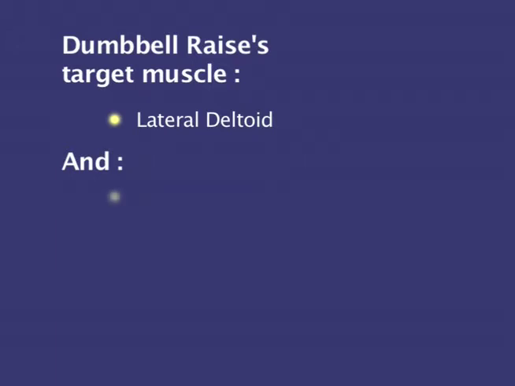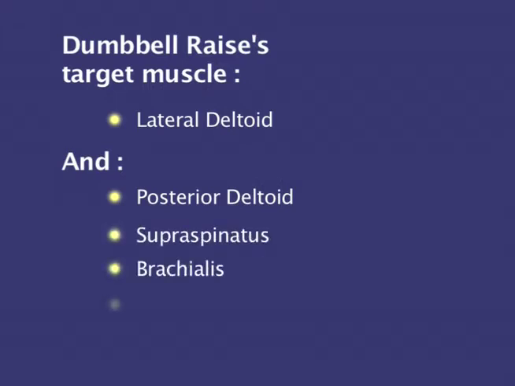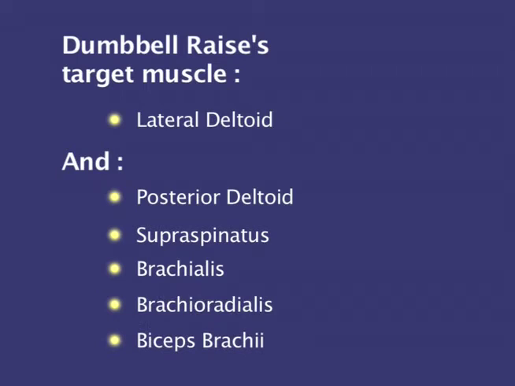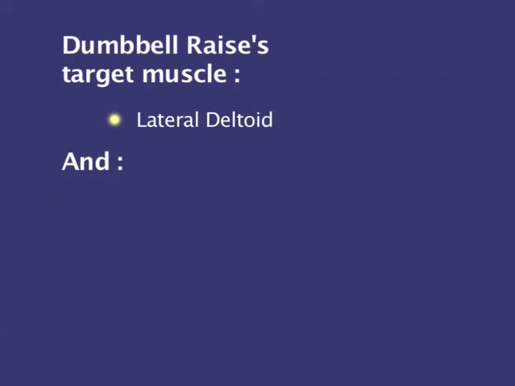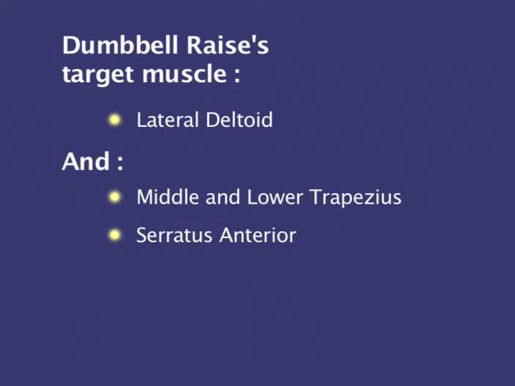The muscles are the posterior deltoid, supraspinatus, brachialis, brachioradialis, biceps brachii, middle and lower trapezius, serratus anterior, especially the inferior digitations, infraspinatus and teres minor. These are the muscles which act along with the deltoid for this dumbbell raise.